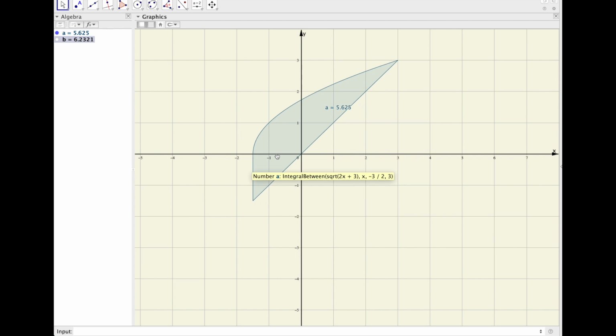So it is also including this triangle. This is not something wrong, because the instruction that I have given GeoGebra is to calculate everything between these two. But for the one that I want, I have to subtract the area of this triangle. So this is something that I want you to know.